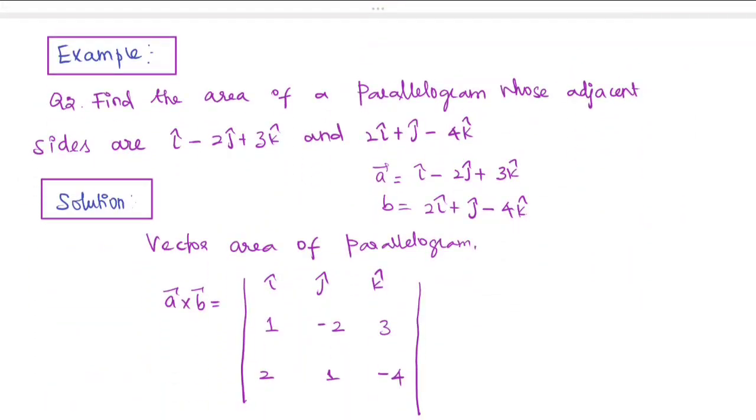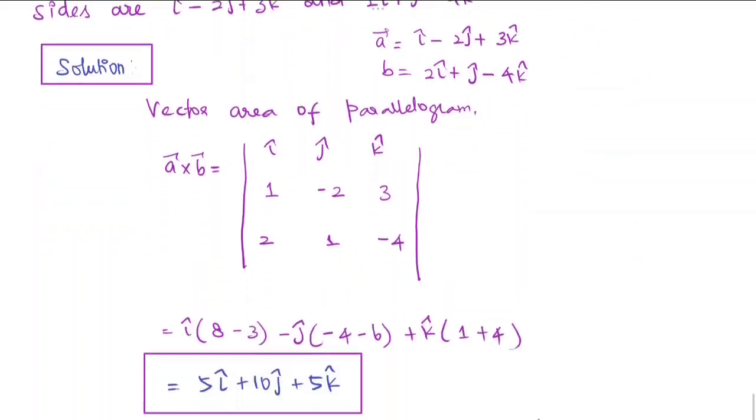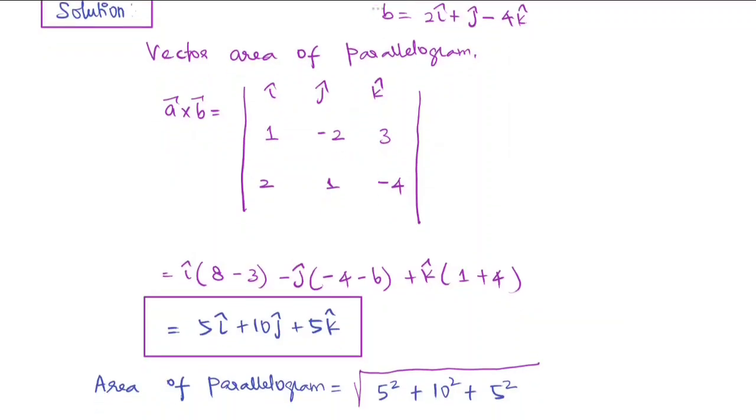Then next, here 1 1, then minus 2 3 3, then 2 2 1 1 minus 4. Just we have to cross, i is equal to, then minus into minus plus, about 2 4 8 minus 3. Similarly we find j and k, substitute, and we can get this one.